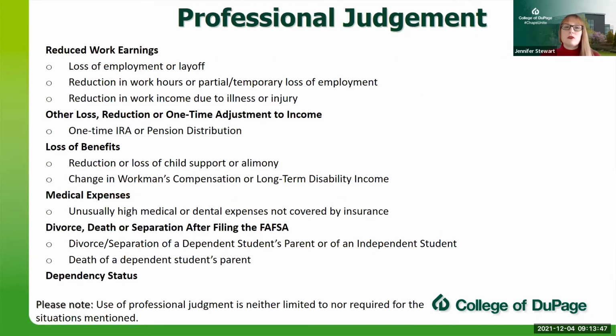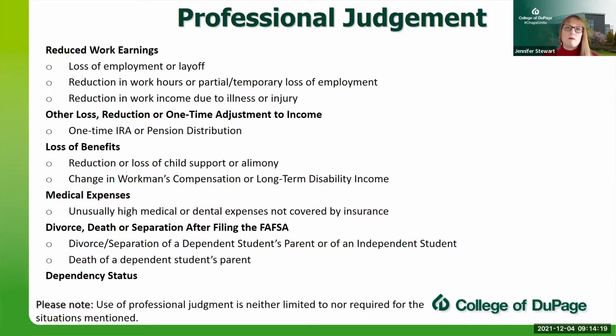Now, I did mention if there was a change in income, these are the different categories that we could do a potential adjustment if there's been a change in family income. So usually the main one that we're looking at is the first one. There's been a reduction in work earnings. So if parents' income was a lot higher in 2020 than it is now because of being let go, downsized, maybe they were fired, maybe they were furloughed, there are things that we can do to potentially adjust the income information on the FAFSA, but you need to reach out to our office.